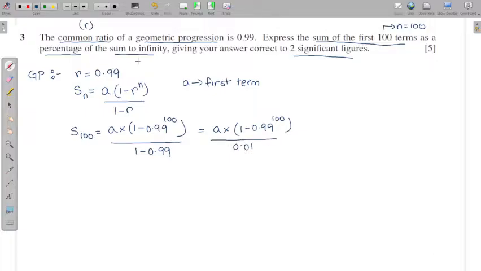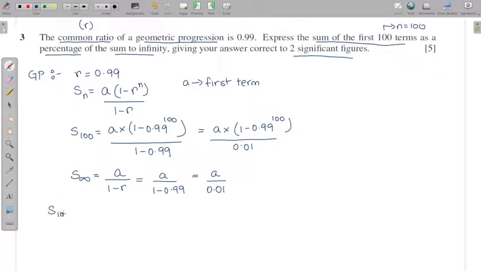So next we have to use the formula for sum to infinity. So sum to infinity, the formula for that is a over 1 minus r. So this will be equal to a over 1 minus 0.99, which is a divided by 0.01. So we have to give the answer for the sum of the first 100 terms as a percentage of the sum to infinity.